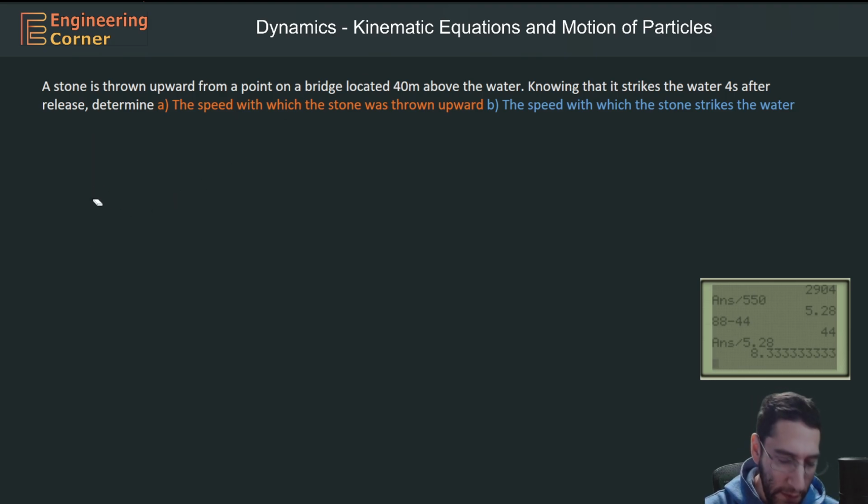So if you're in free fall, acceleration is constant. So let me put that right here. Free fall is constant acceleration.